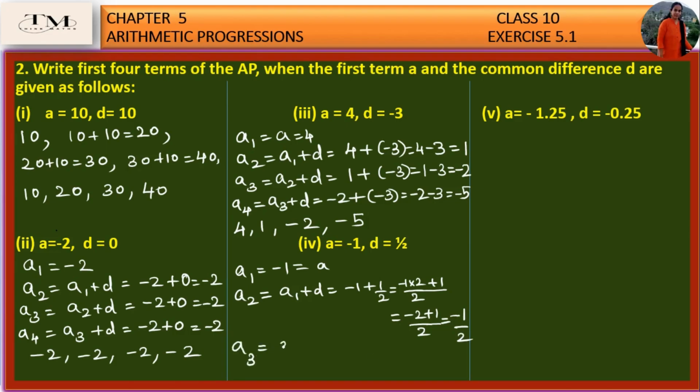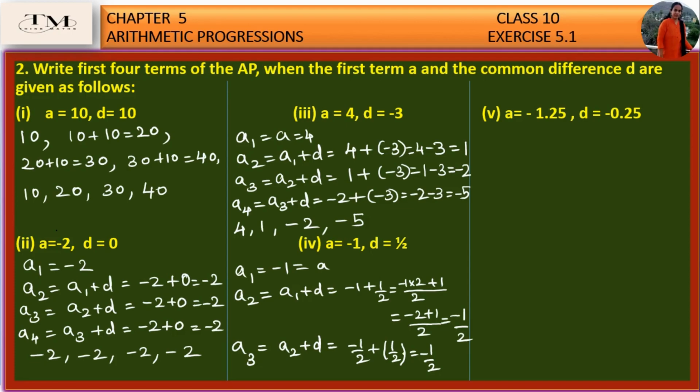Next, A3. A3 is equal to A2 plus D. A2 is minus 1 by 2, D is 1 by 2.